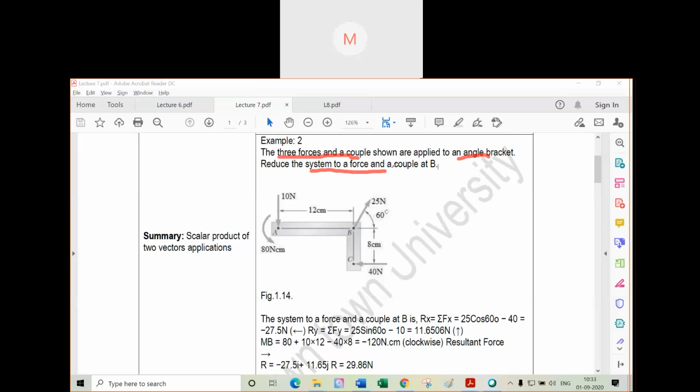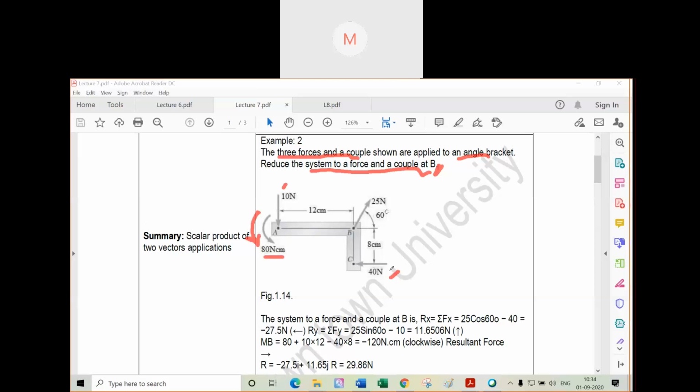Reduce the system to a force and a couple at B. We have to reduce this at B. So here a 25 Newton force is applied at B, a 40 Newton force is applied at C, and 10 Newton is applied at A. Again there is a couple or moment here, 80 Newton centimeter.